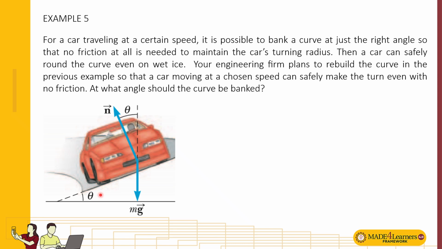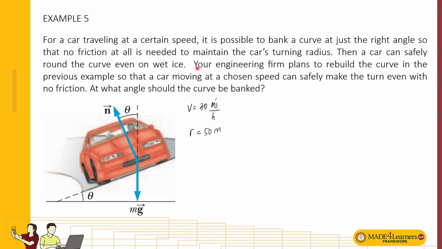For the car traveling at a certain speed, in the previous problem the given speed is 30 miles per hour and the radius is 50 meters. We can bank the curve at just the right angle so that no friction at all is needed to maintain the car's turning radius. So it can safely round the curve even on wet ice.